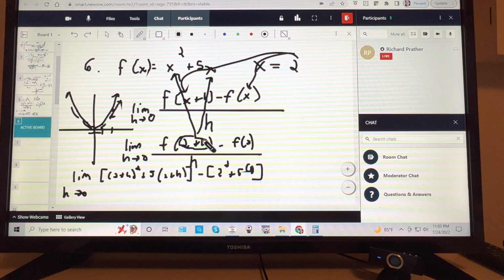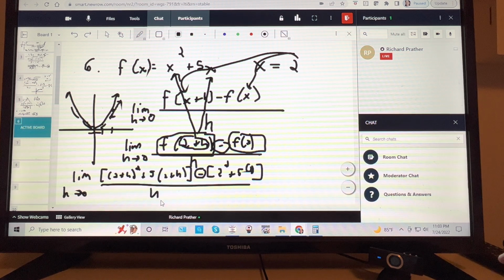So I like to put a bracket around this. There's the minus, and then a bracket around this. So that way we can keep them separate, which one's which. All over h. And the whole issue here is I can't plug 0 in because it makes the denominator 0. So when we simplify the top, we're going to be able to eliminate the h in the denominator.